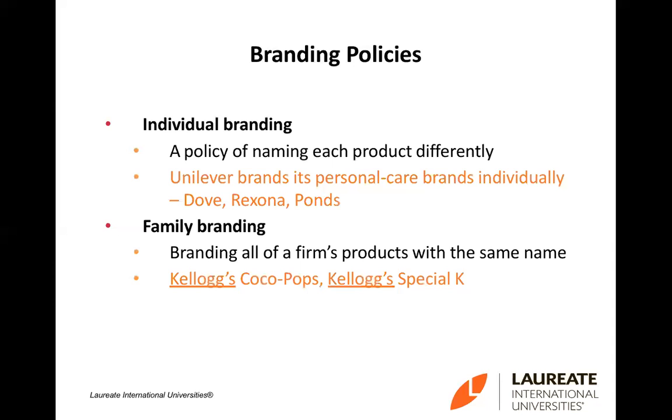On top of that, some other companies use a combination of individual branding and family branding. If you look at Arnott's, for instance, they have family branding in their sweet portfolio. For instance, they have Arnott's chocolate chip cookie, Arnott's sandwich, Arnott's cream biscuit, and so forth. And they also have individual branding such as Tim Tam, Shapes, Tiny Teddy.